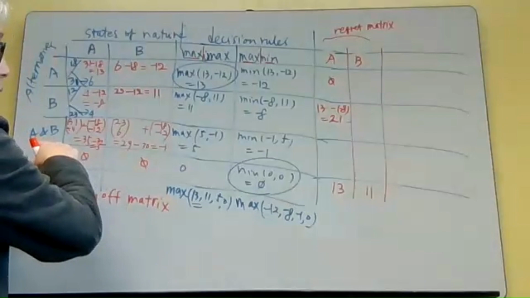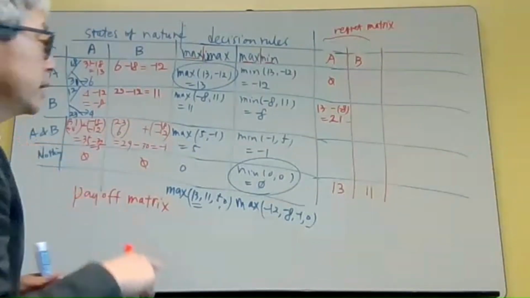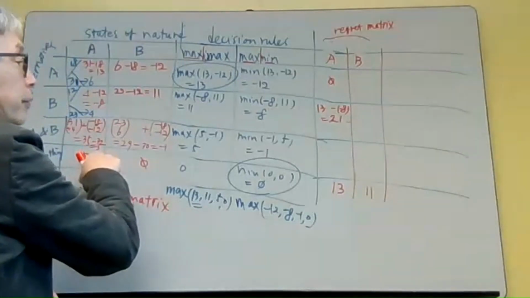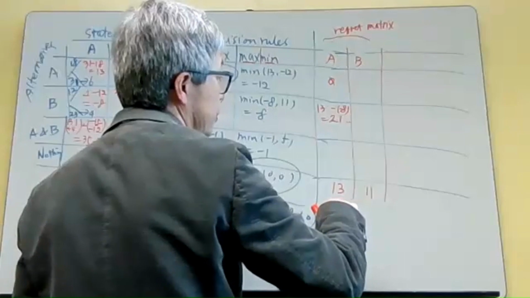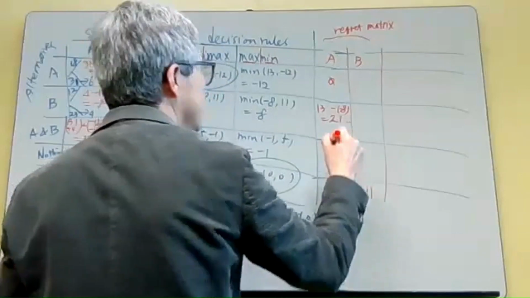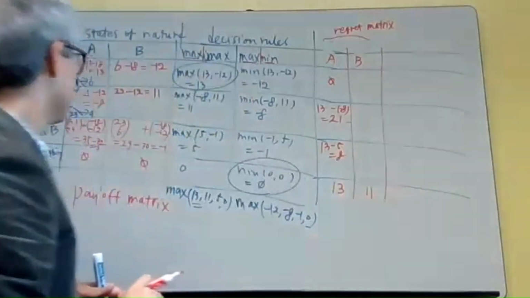So if you decide to buy parcels at both location A and B, your payoff is 5, but the maximum payoff under the same state of nature is 13. So 13 minus 5, 8.